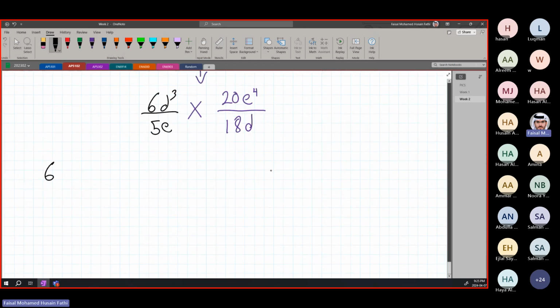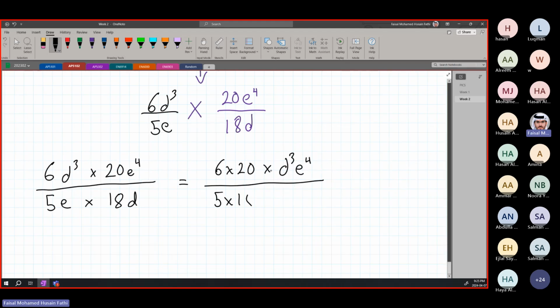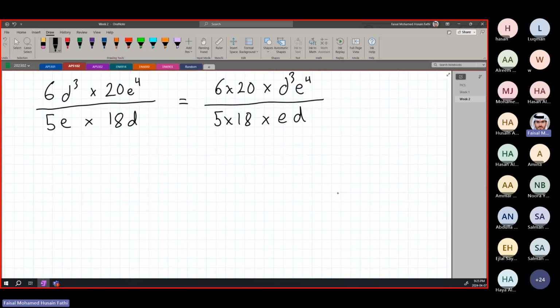So we have 6d cubed times 20e4 all over 5e times 18d. Simplifying this, it's going to be 6 times 20 times d cubed e4, over 5 times 18 times ed. Again, we're just going to simplify the values.